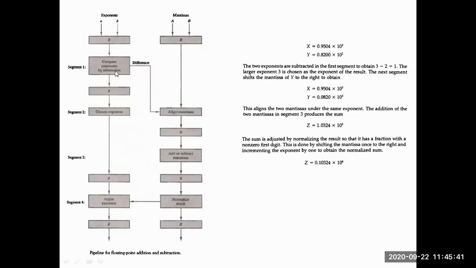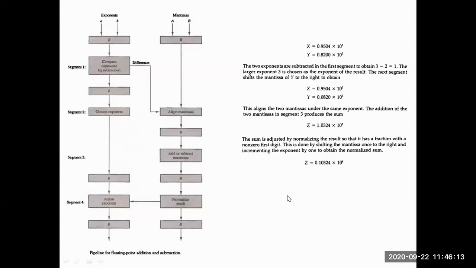In the second clock cycle, x2 and y2 will be here, and x1 and y1 will be here. In the third clock cycle, x1 y1 here, x2 y2 here, x3 y3 here. And in the fourth clock cycle, x1 y1 will be here, x2 y2 here, x3 y3 here, and x4 y4 here. So we can see that at the same time 4 numbers are being operated on in this pipe.